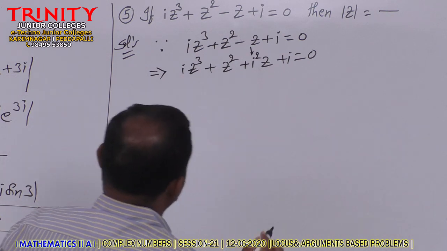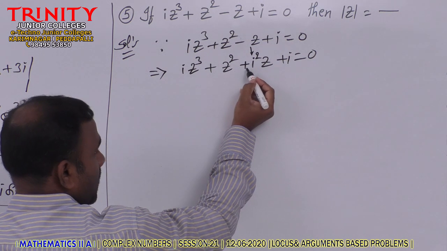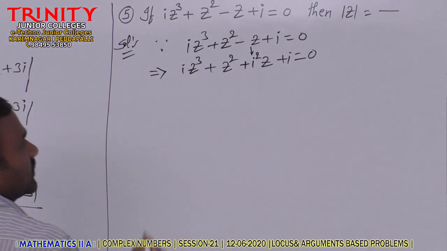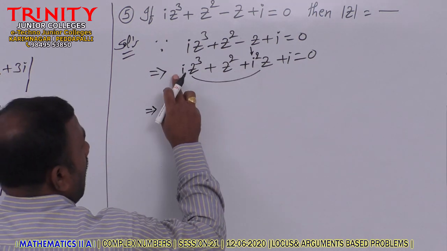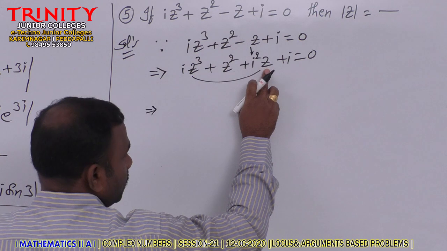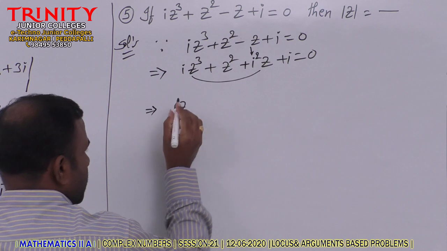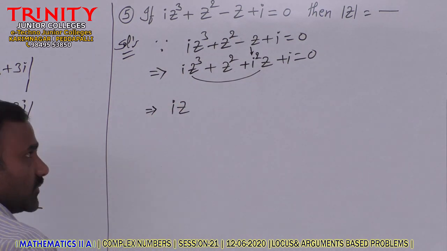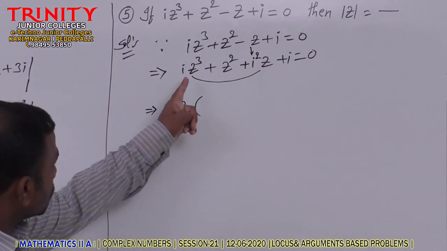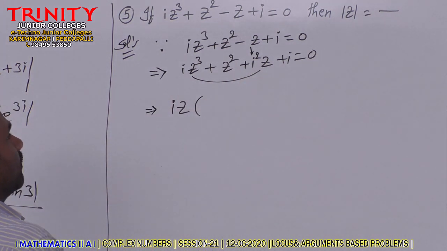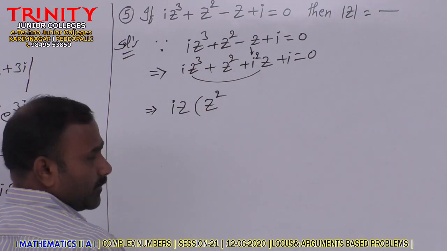Therefore, without changing its originality, i square value is minus 1, minus into plus minus, minus z as it is. There is no change. Now from these two, iz cube, this is z, means we can take z common. Here i is there, here i square is there, then we can take i common. Therefore, from these two we are taking iz as common. After taking iz as common, here the remaining value is z square.